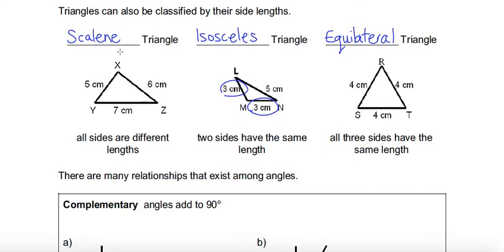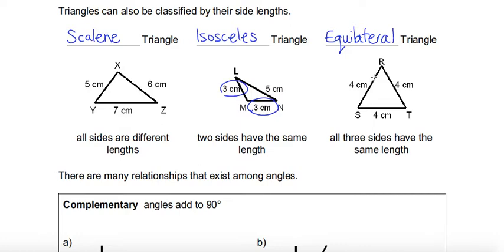If you have a scalene triangle where all three sides are different, then all three of your angles are also going to be different. If you have an isosceles triangle where two sides are the same, it also means that two angles are going to be the same as well. And if you have an equilateral triangle where all three sides are the same, that means that all three angles are going to be the same as well.